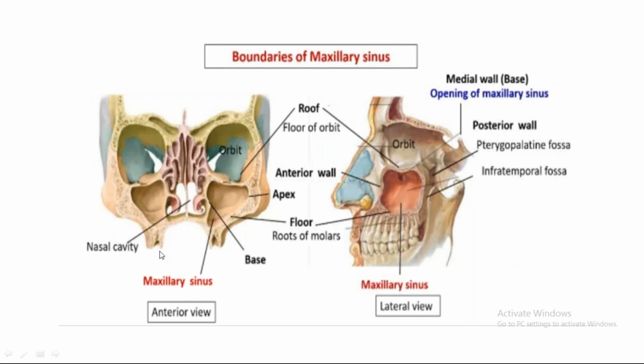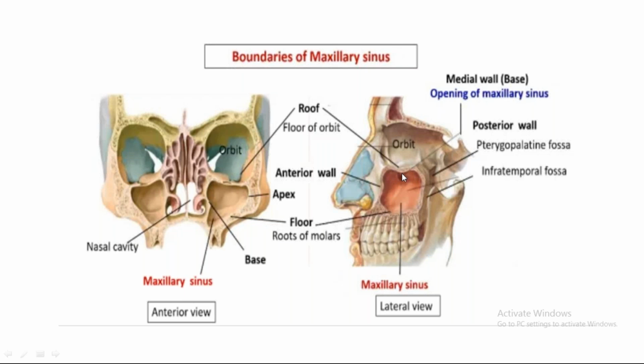So here and here you have the canine fossa, the canine teeth impression. So this is how at the base is this one. The apex I told you is towards the zygoma, and the base is formed by the medial wall of the maxillary sinus. Okay.